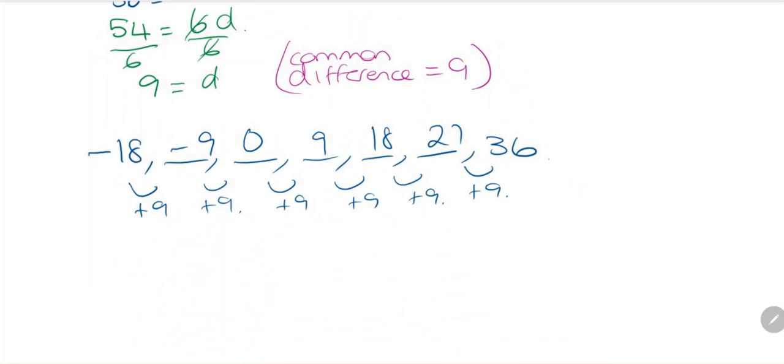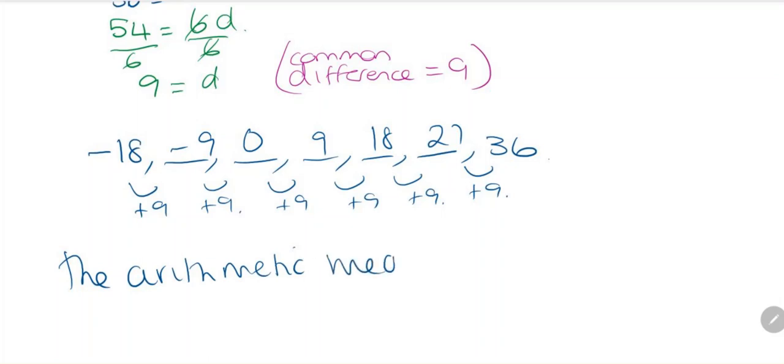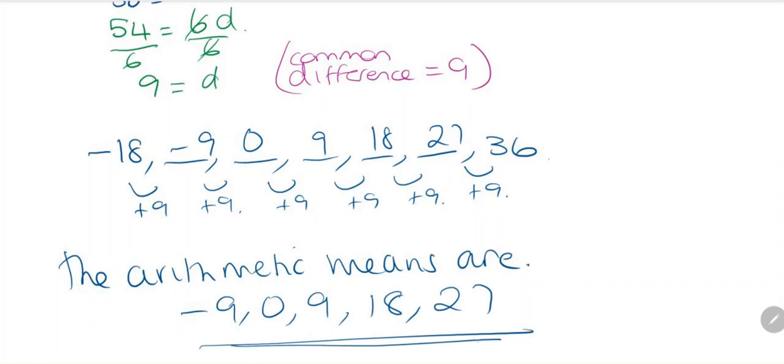So the answer, we can say the arithmetic means that we had to find are minus 9, 0, 9, 18, and 27.